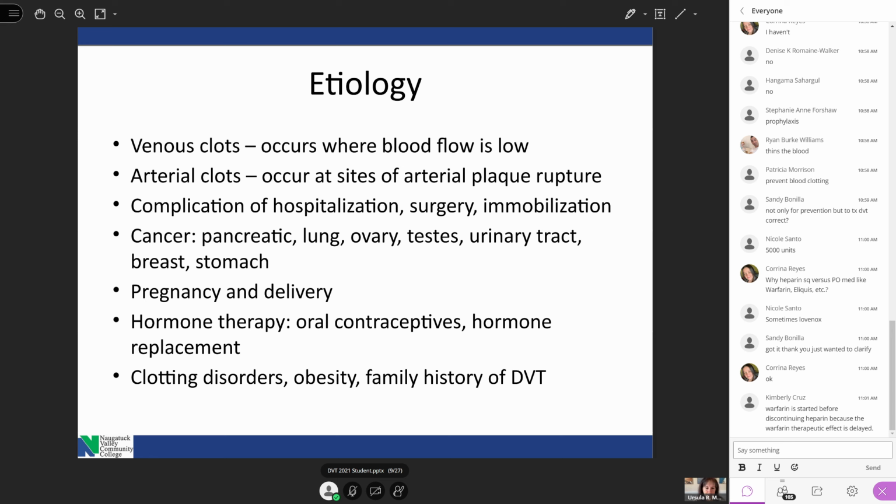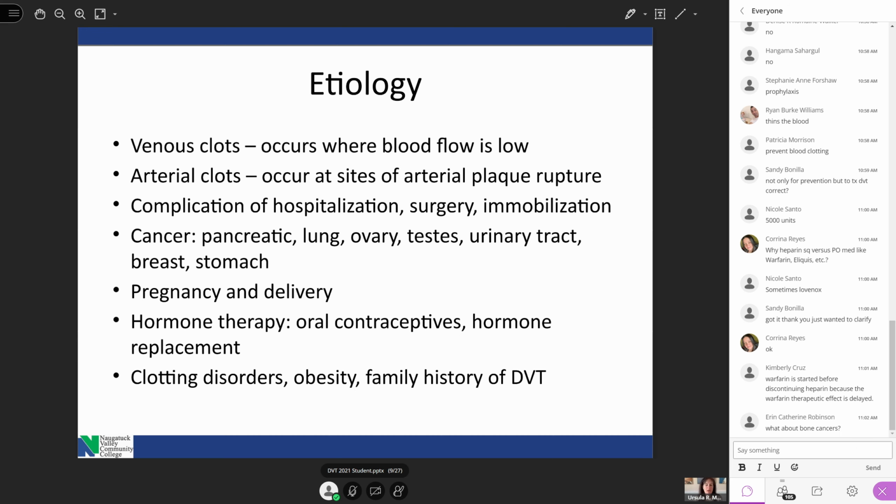In particular, pancreatic cancer, lung cancer, ovarian cancer, testes, urinary tract cancer, breast cancer, stomach cancers. In particular, they are. And also some chemotherapies put a patient at risk. Obviously, the oncologist, the provider, will know about this and know if they need to put a patient on an anticoagulant or something. Okay, so they will know it.